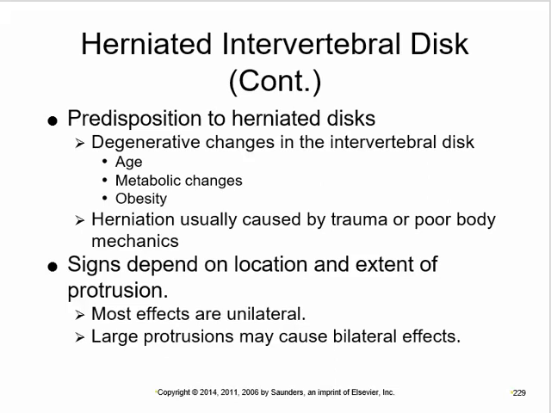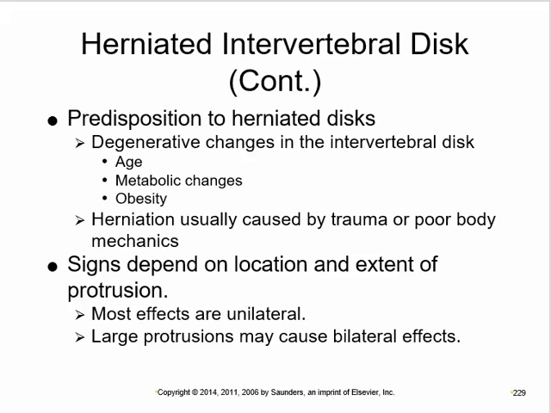Obesity, because you're asking the disc to carry more weight, or some metabolic changes will make you predisposed to it, but will not give you the herniated disc. Generally, you need some sort of trauma, so a fall or something like that.